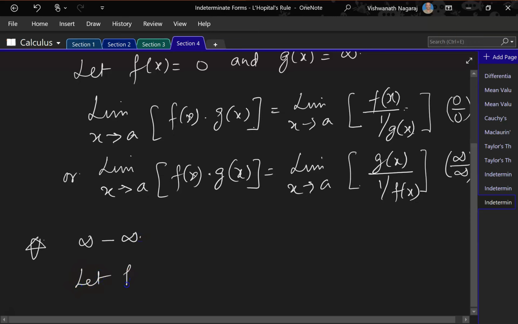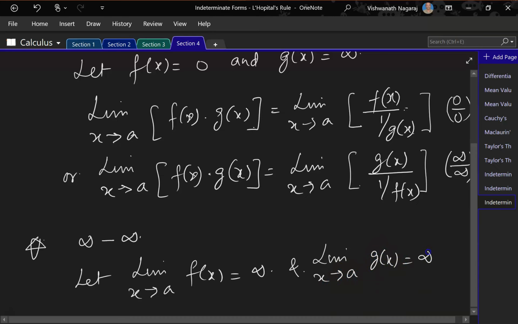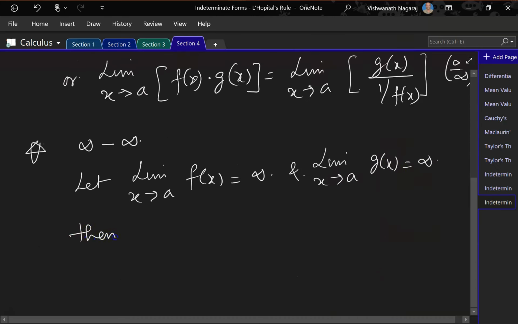Okay, so let's look at the next form, that is infinity minus infinity. So let the limit as x approaches a of f of x be equal to infinity and the limit as x approaches a of g of x be equal to infinity. Then remember we are looking at subtraction.